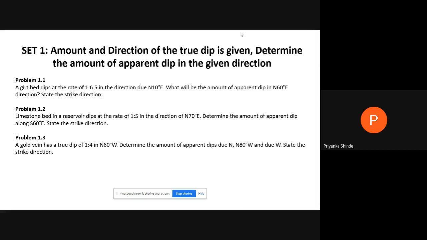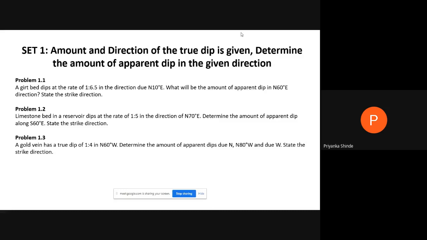In set 1, the amount and direction of the dip is given, and the apparent dip direction is given. We need to find out the amount of apparent dip in the given direction. That is the aim of the first set.